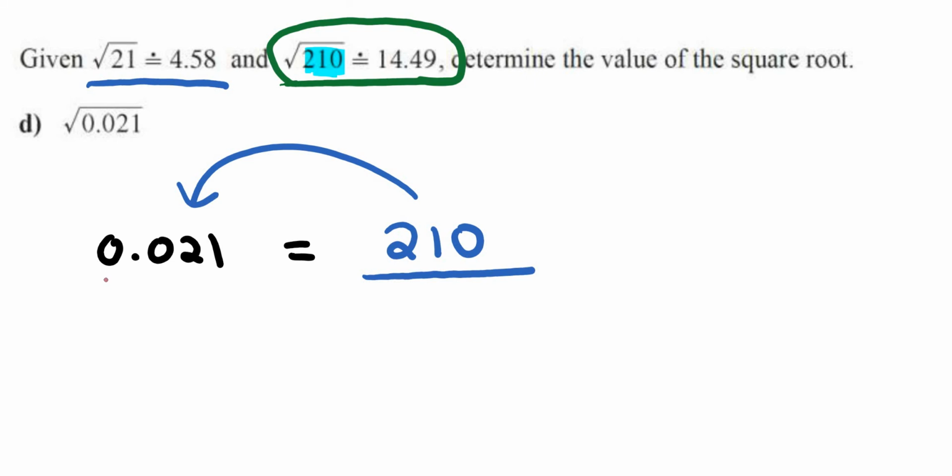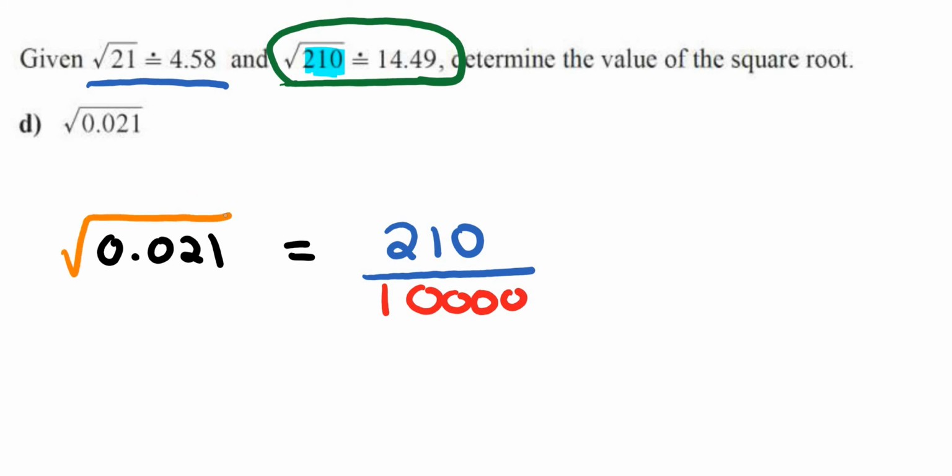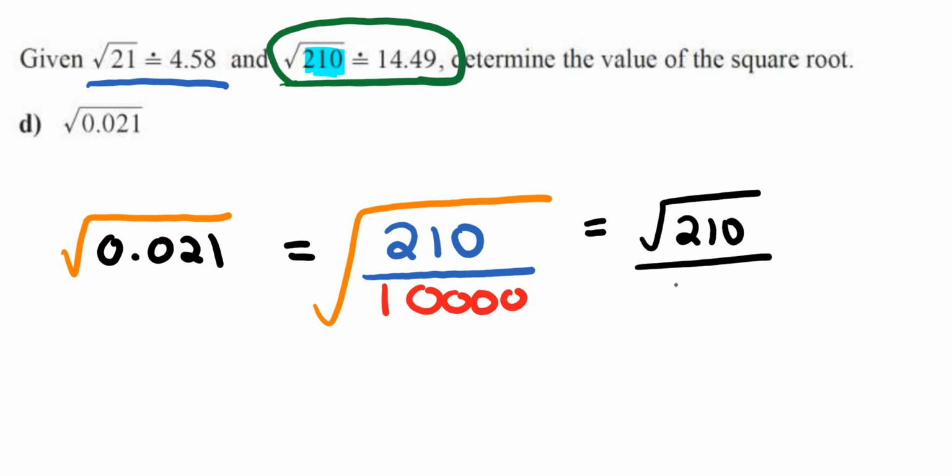The trick here is if you have 1, 2, 3, 4 spots, you should have 4 zeros: 1, 2, 3, 4, and a 1. So we're going to divide by 10,000. Now we want to take the square root of 0.021, which is the same as the square root of 210 divided by 10,000. Individually, this will be the square root of 210 all over the square root of 10,000.